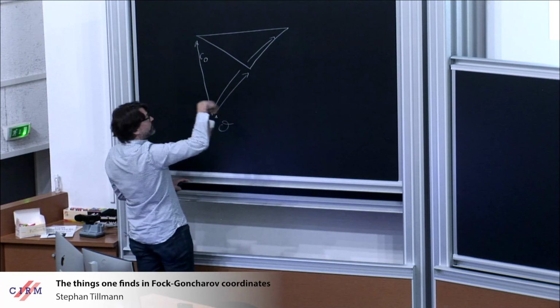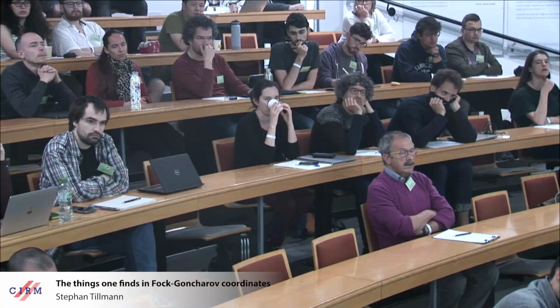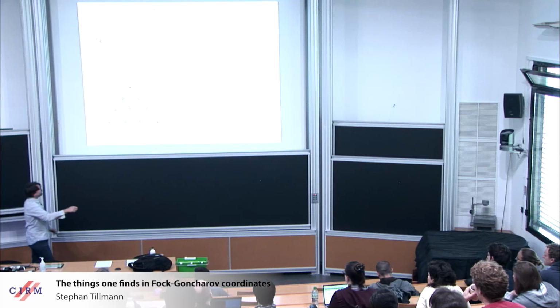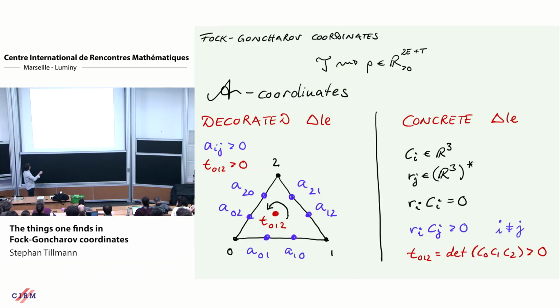And I should always keep track of my orientations, C1, C2. So these are my vectors. I want to choose these vectors such that the determinant, sticking the 3 vectors in as the columns of a matrix, is bigger than 0, and that's supposed to be my t, my triangle variable. This is why the orientation matters, because if I do it the other way around, I get the negative. So this is why orientations are important.